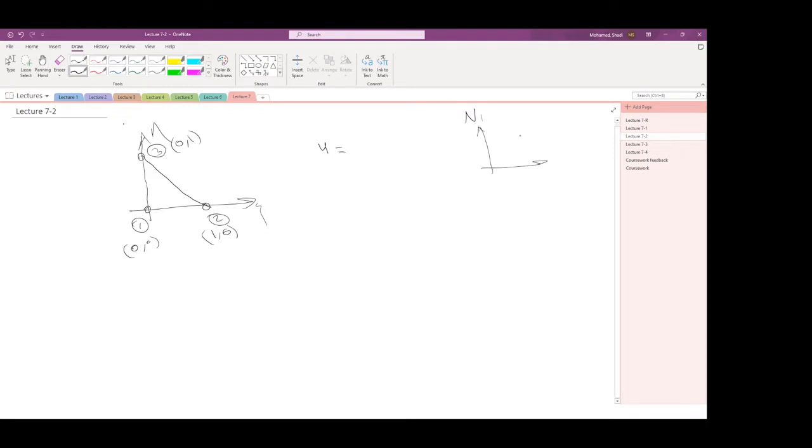We have the shape function n1, which is 1 at the first node and 0 at the second node. The second shape function did the opposite. This is n2, which was 1 at the second node and 0 at the first node.